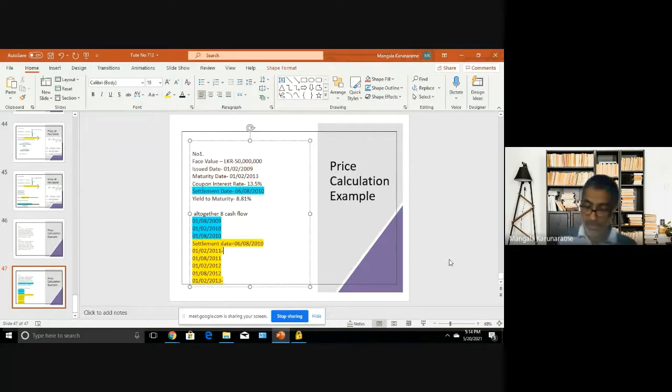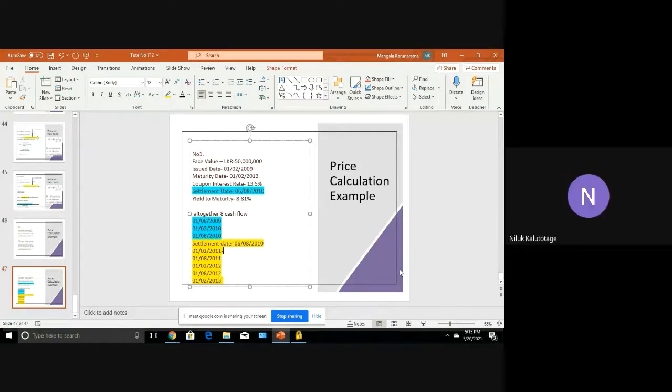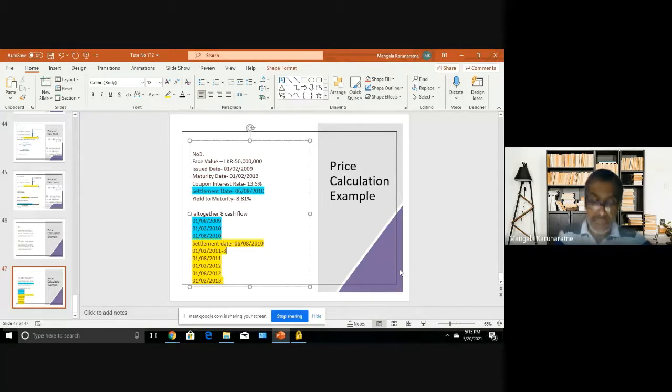What is the value? What is the interest? Tell me. 3 million? 375,000.